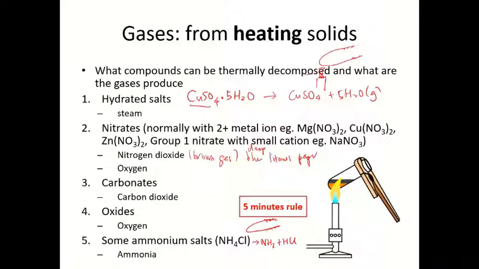So the white solid starts to be deposited at the upper part of this test tube. So if you see white solid, then you know it's ammonium chloride. Please test for ammonia when you heat the solid.